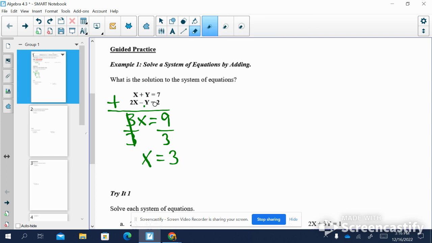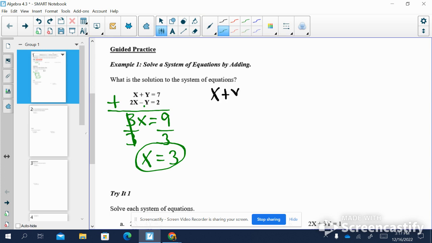Now that I got my x, I'm going to use that value of 3 to find my y. I'm going to use the first equation, x plus y equals 7. So I just found that x was 3.